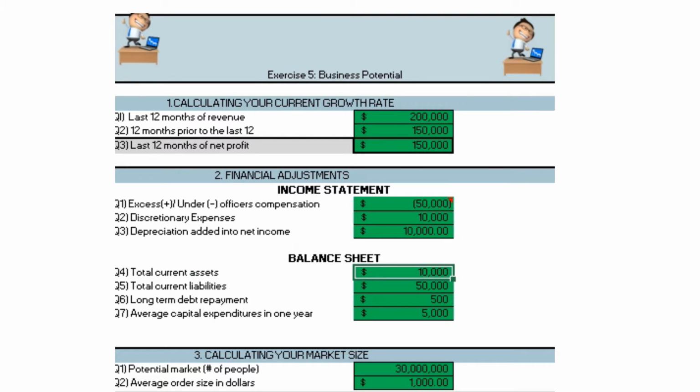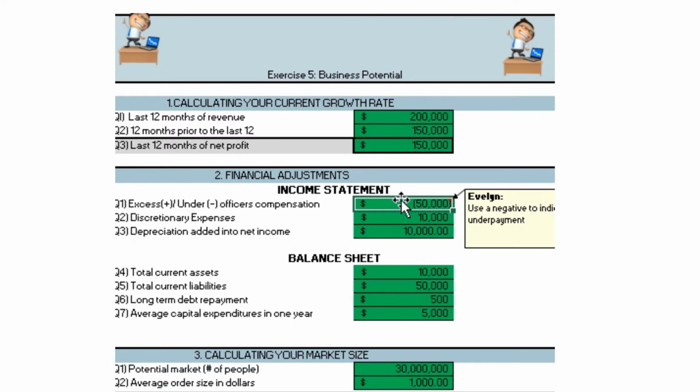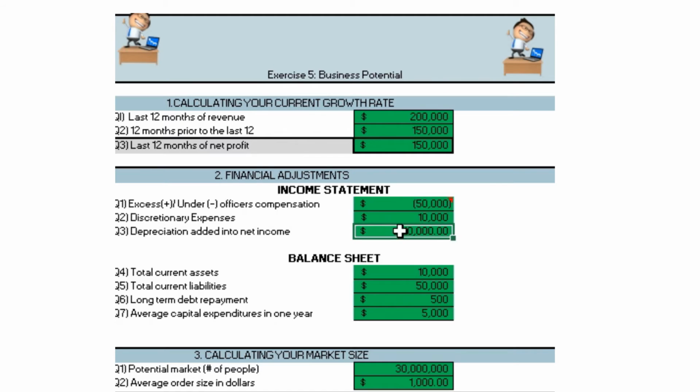So far, we're saying just because you're profitable does not mean a new buyer, a new owner, will find you profitable. There are certain adjustments that have to be taken into account. For example, the excess officer's compensation. If you're underpaying yourself, the new owner might want to hire a manager, and that's money they have to pay out. Discretionary expenses work in your favor because they're added back in, and so does depreciation, which is added back into cash flow.